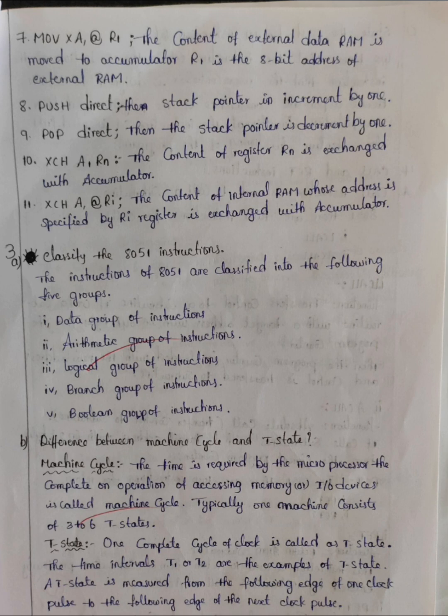T-state: one complete cycle of the clock is called a T-state. The time intervals T1 or T2 are examples of T-state. A T-state is measured from the falling edge of one clock pulse to the falling edge of the next clock pulse.